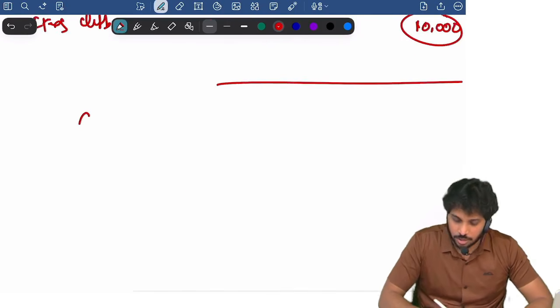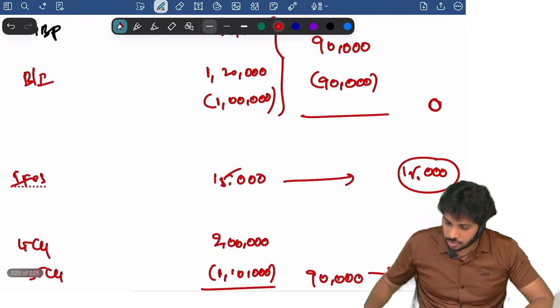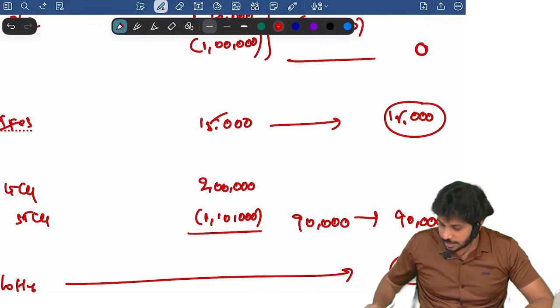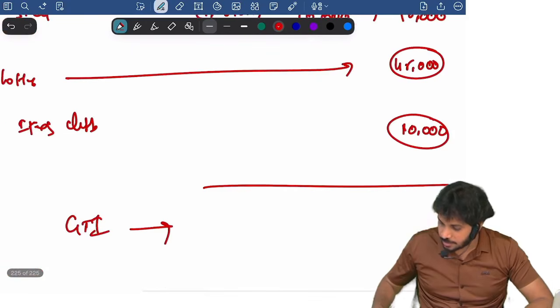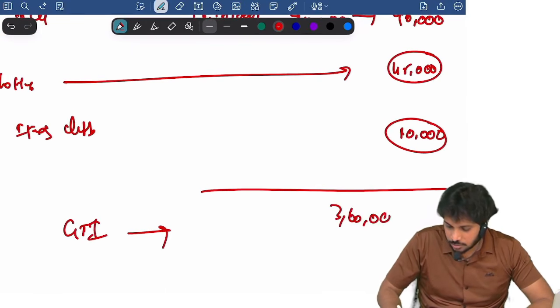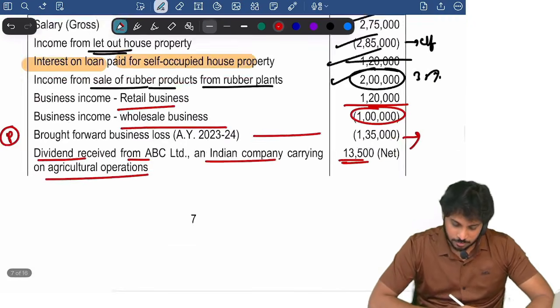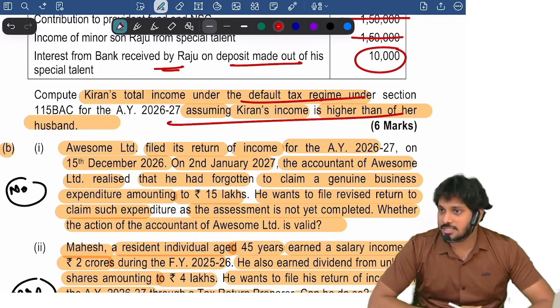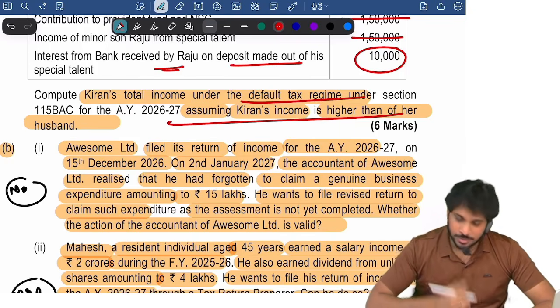That's it. Gross total income how much? 2 lakh plus 15,000 plus 90,000 plus 45,000 plus 10,000. That's it. 3 lakh 60,000. Answer over, because they're asking only income under the default tax regime. Correct? Over.